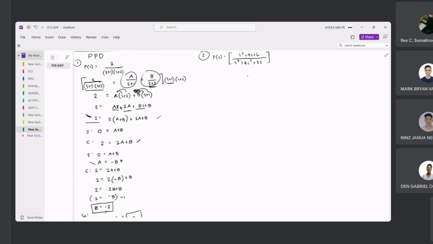For this class, you need to observe if the given function is in simplified form. Kung dili simplified form, magbalik-balik gihapon ta, repetitive ang process. So let's see if we can break down our denominator, which is s cubed.